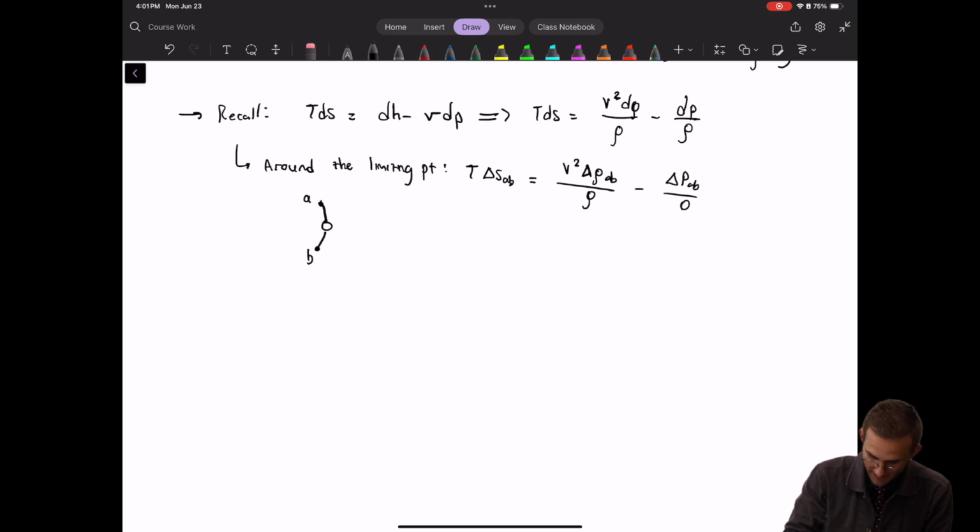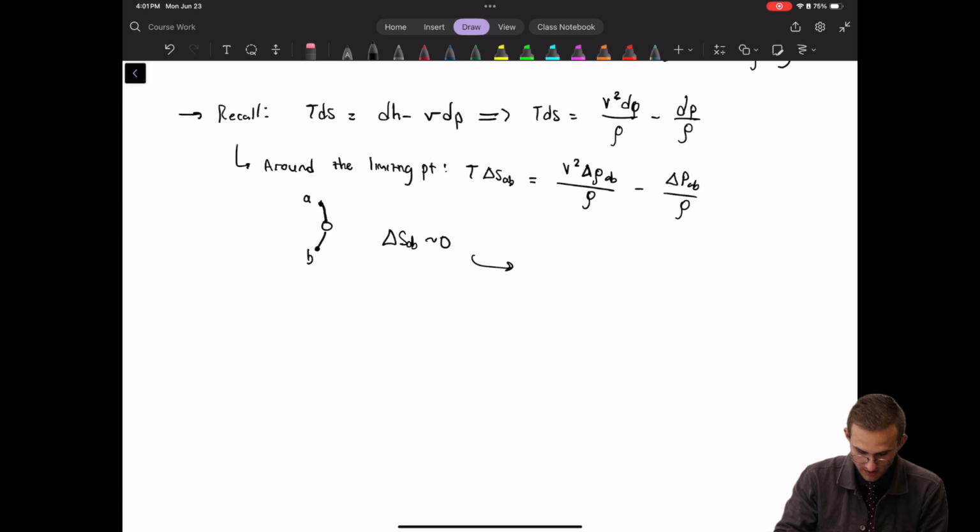Now we know that because it's a limiting point and the entropy is tending to a maximum, very close to that point, the change in entropy between A and B is basically 0, right? So we can sub that into the equation above, and what we get is that V squared times the density change from A to B is equal to the pressure change from A to B.